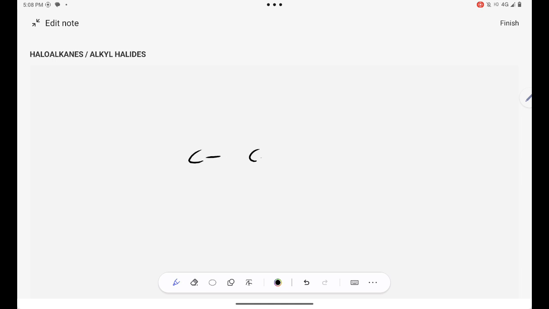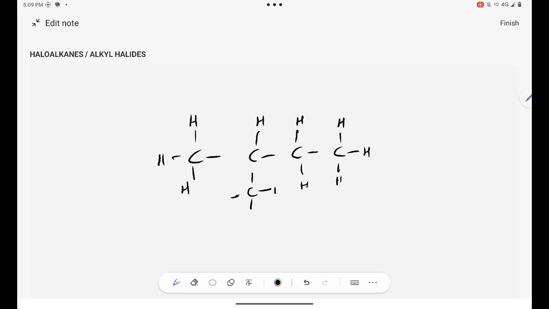Let's take 1, 2, 3, 4, 5 carbons, and then let's say we have our halogens here.